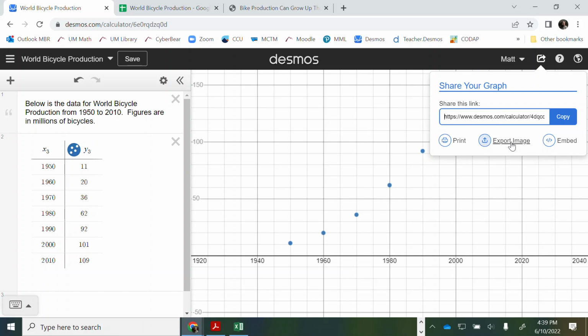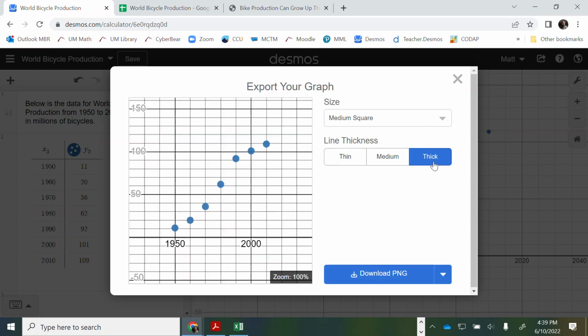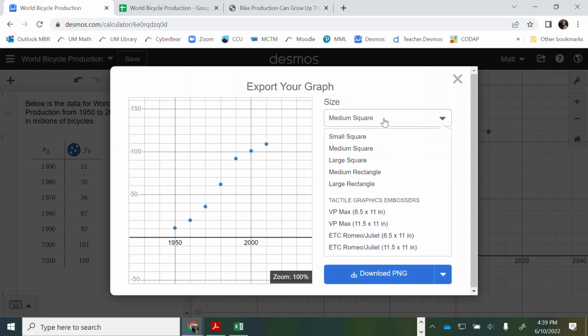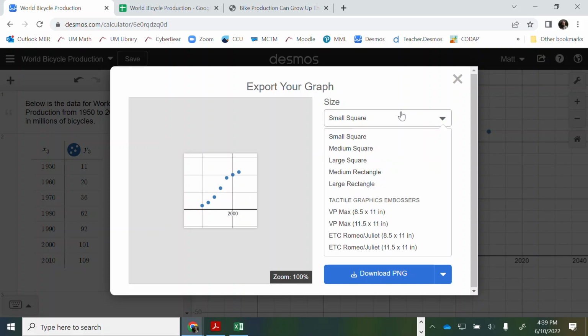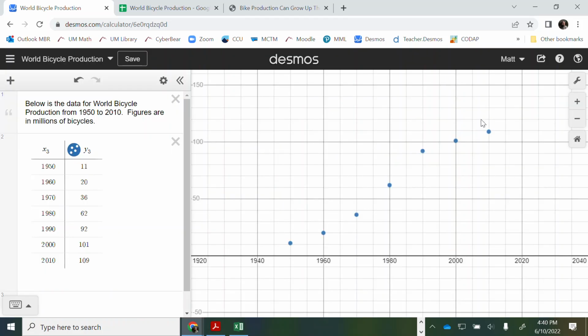Or if you're an image person, you can export an image and you'll get this type of an image. You can obviously change things here if you'd like. You can do small squares, or you can do an extra large square. Anyway, you get the idea, and it will download as a JPEG or a PNG. You can also get an SVG, but usually a PNG works just fine. Portable Network Graphics.